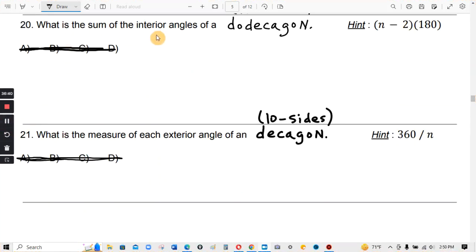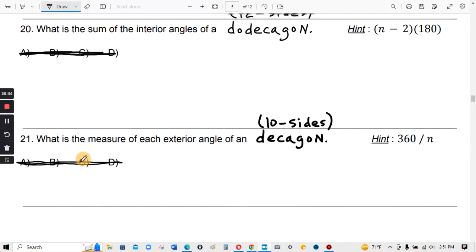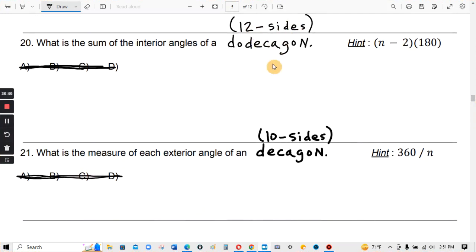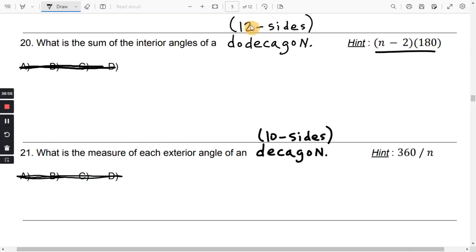Okay, what is the sum of the interior angles of a dodecagon? And in case you didn't know, that's 12 sides. All right, you don't have to memorize the names. I'll always put the number of sides. Anyhow, the sum of the interior angles is n minus 2 times 180. N is the number of sides, so n is just 12. Okay, so n minus 2 times 180.